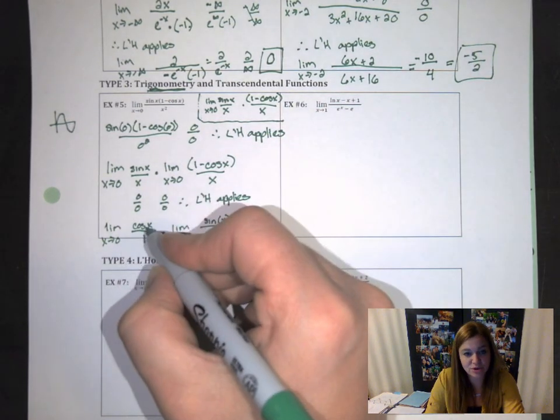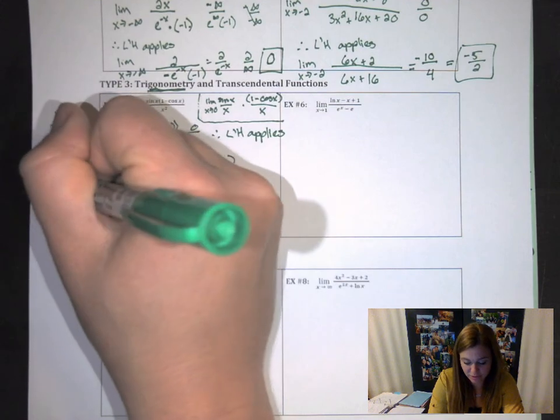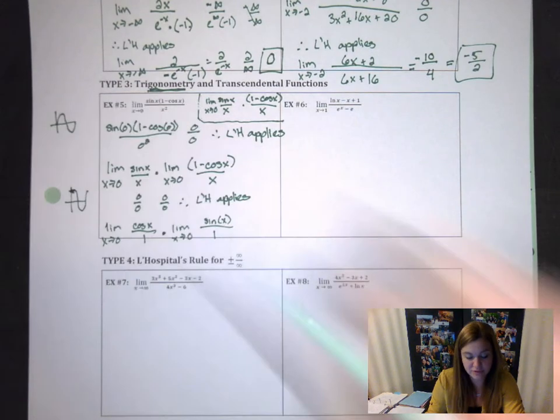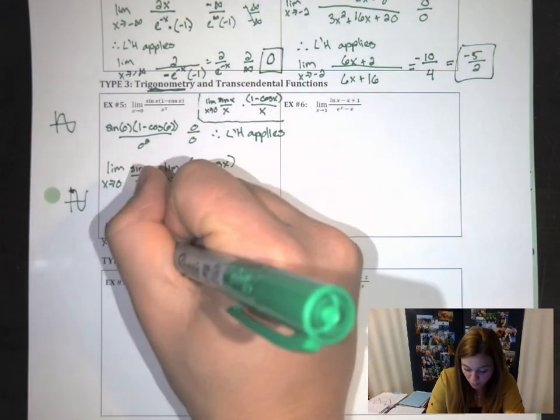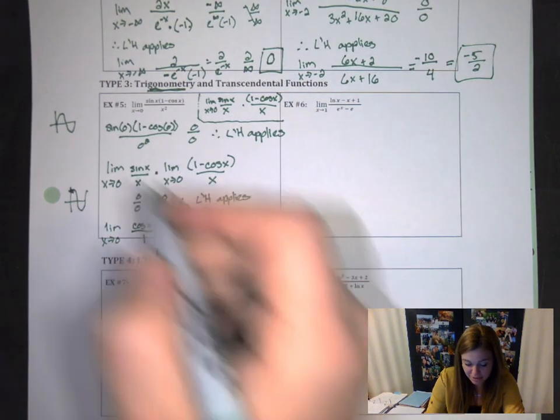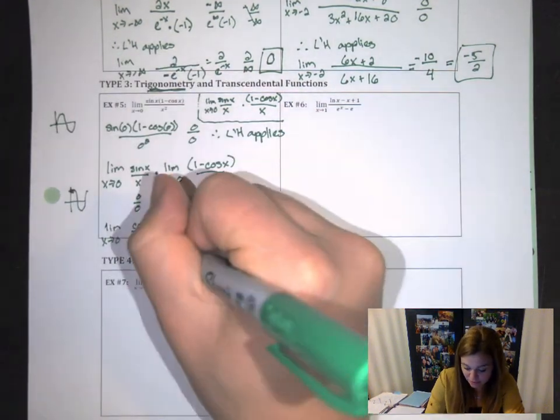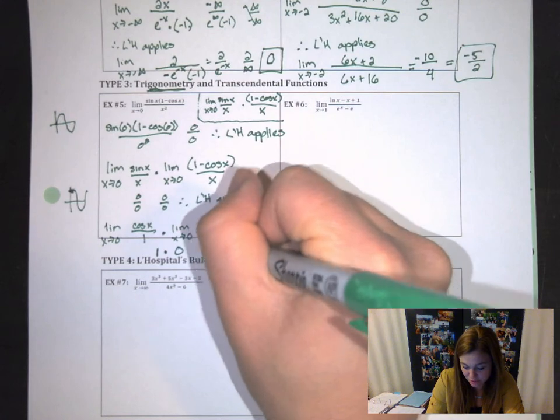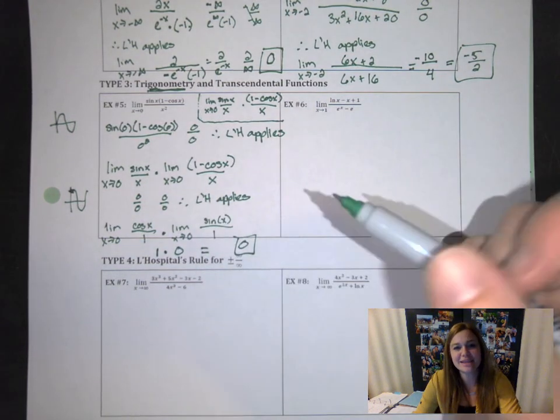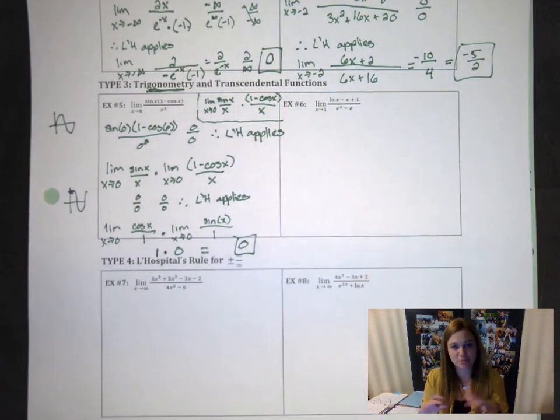Limit as x approaches 0 of cosine, when I think about this, I think about the cosine curve. At 0, I get 1, times the sine curve at 0, which is 0. 1 times 0 is 0. So it's taking something that we did before, learning how to separate fractions, and then combining it with L'Hopital's rule to make it the easiest that we possibly can.